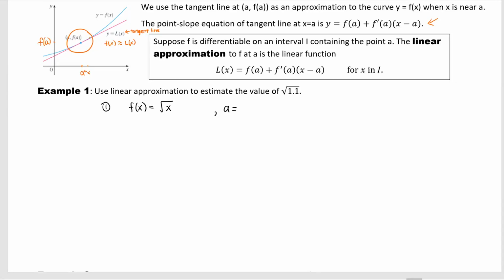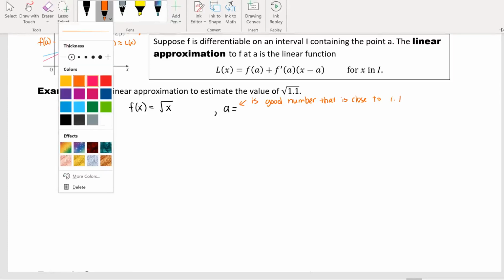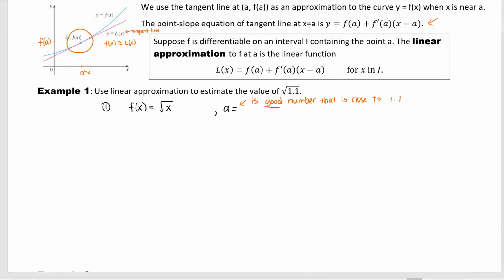So a is a good number that is close to our number 1.1. Okay? What does good number mean? Good number means you can find f of a and f prime of a easily.